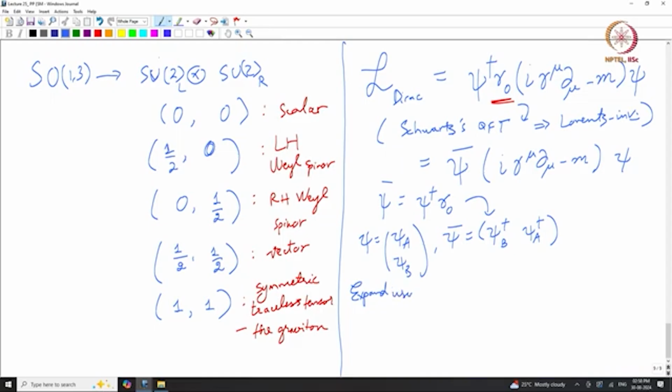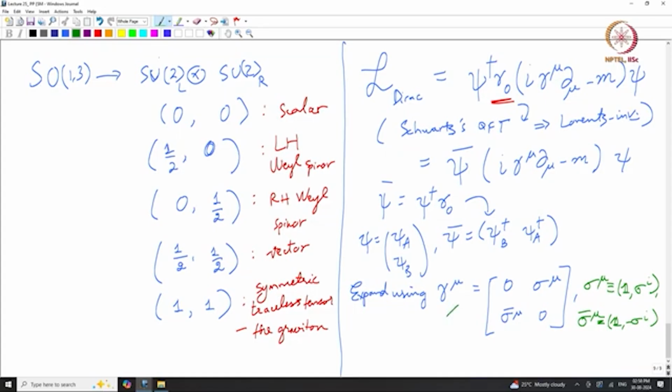So I'm going to expand using the Weyl basis that we are using, where this is nothing but the 2 by 2 identity matrix and the Pauli matrices, and when I have a bar, that's nothing but again the identity matrix with the minus for the Pauli matrices. Okay, this is a shorthand notation.